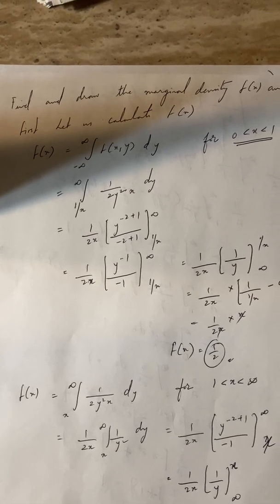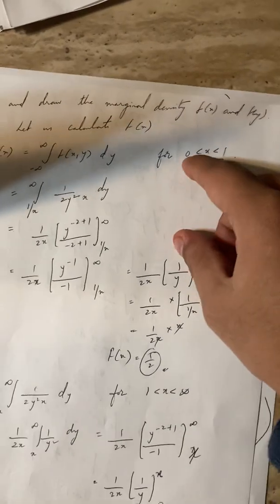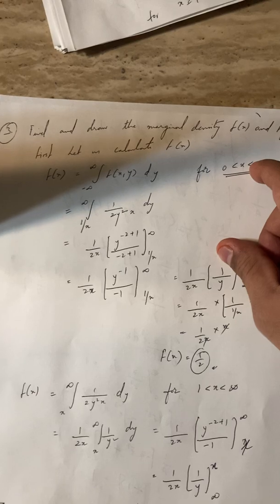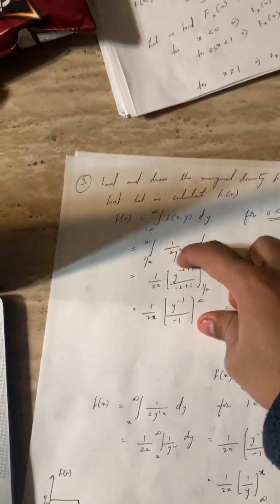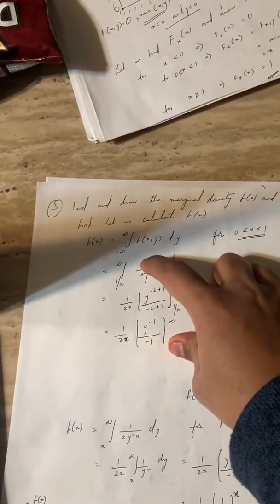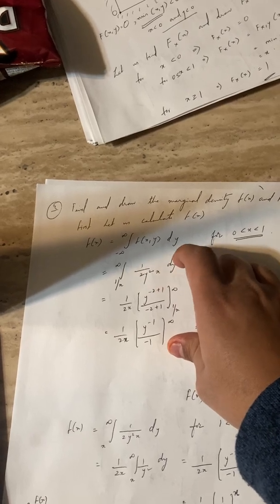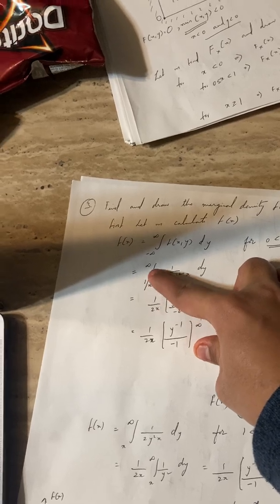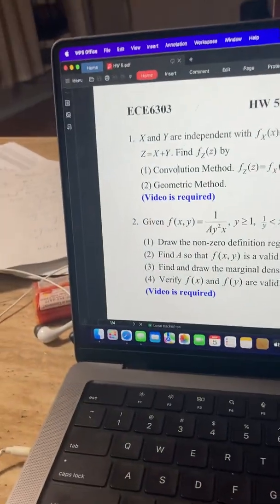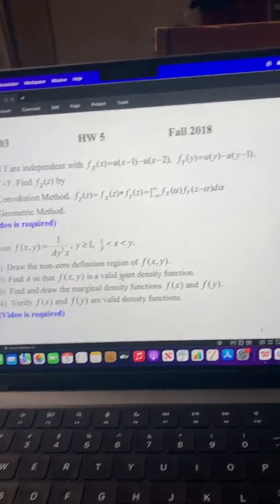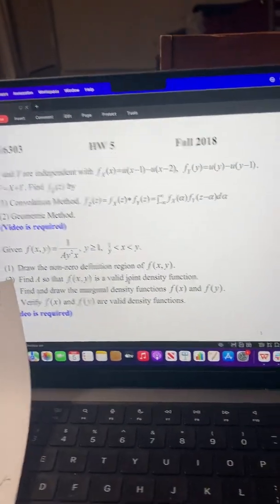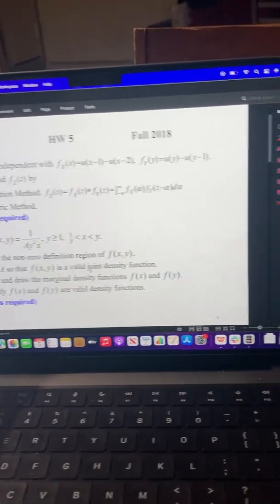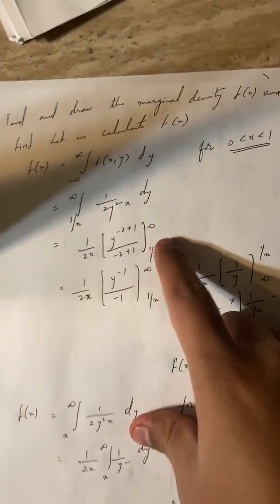We have taken the interval here as x between 0 and 1, and I've substituted the joint density function and dy. I've taken the integral limits from 1 by x to infinity, because the lower limit is 1 by x and the upper limit is infinity. So I've taken it and substituted it.